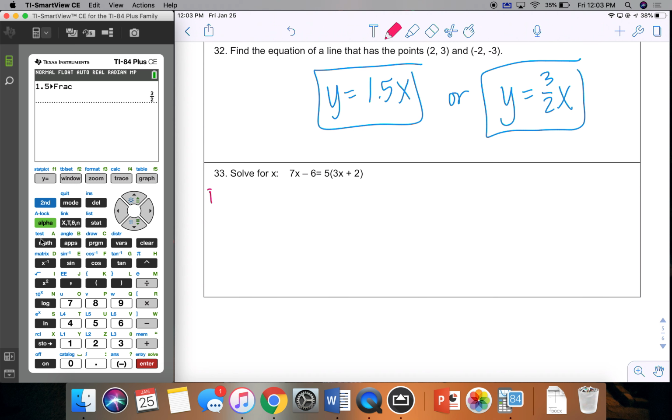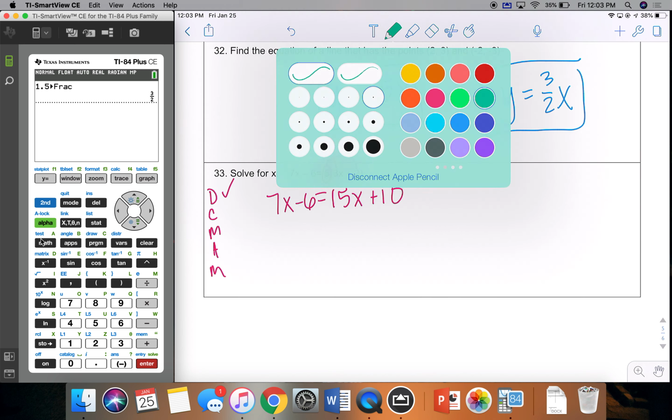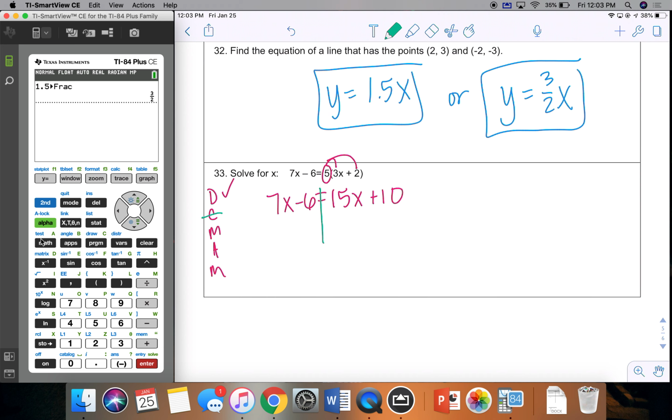For the last one, we use don't call me after midnight in order to solve. So I do have something to distribute. So 5 times 3x is 15x. 5 times 2 is 10. I do not have any terms on the same side that I need to combine. So I box my x's, and I do have x's on both sides, so I will need to move x to one side.